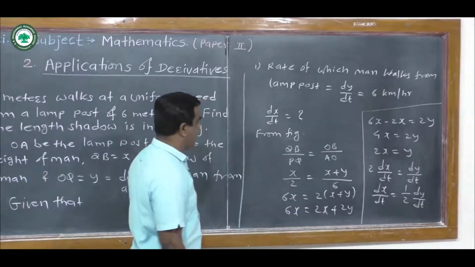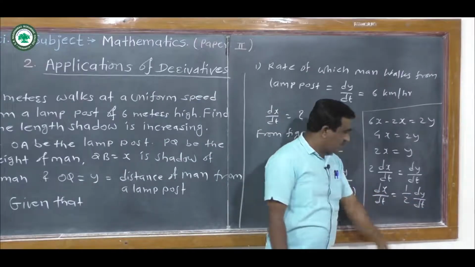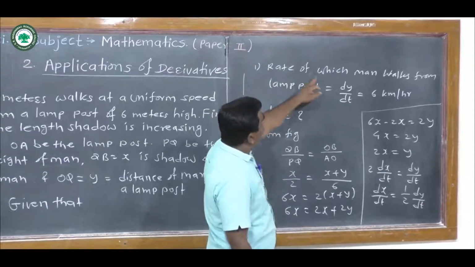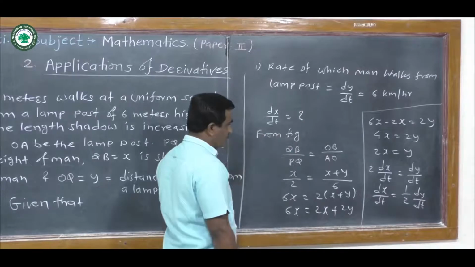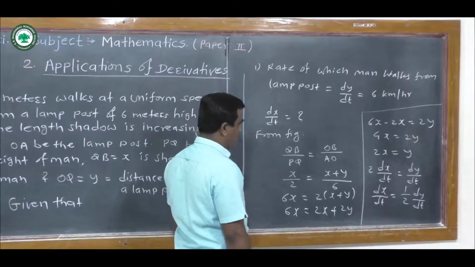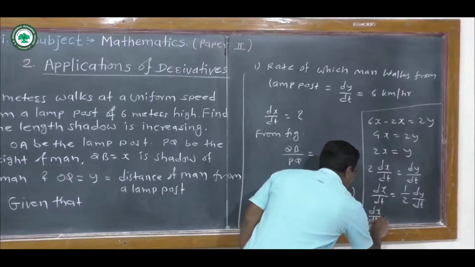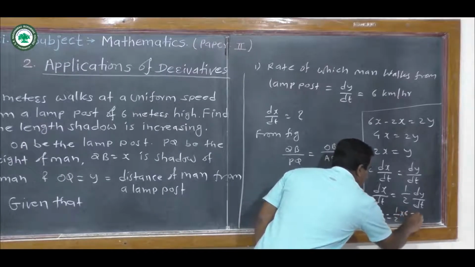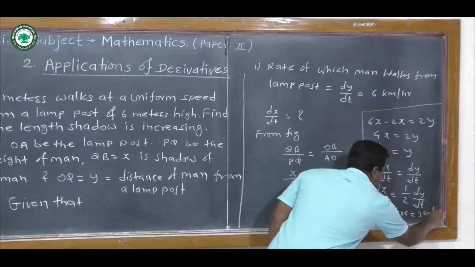But we are given the value of dy by dt, the rate at which the man walks from the lamp post, which is equal to 6 km per hour. That is, we can write dx by dt is equal to 1 by 2 into 6 is equal to 3 km per hour.